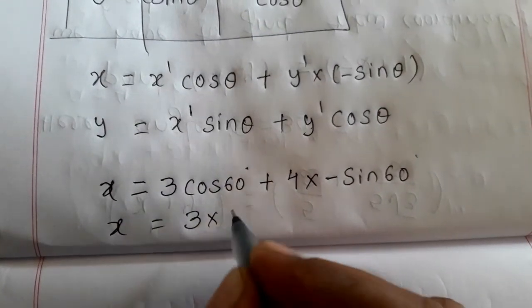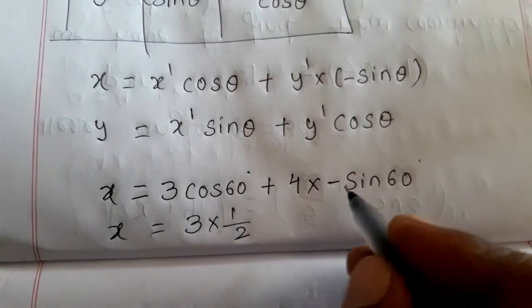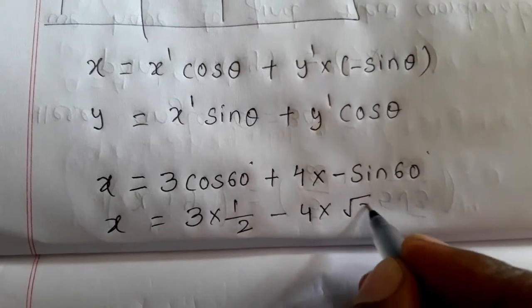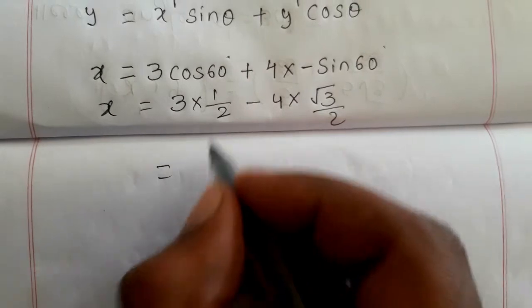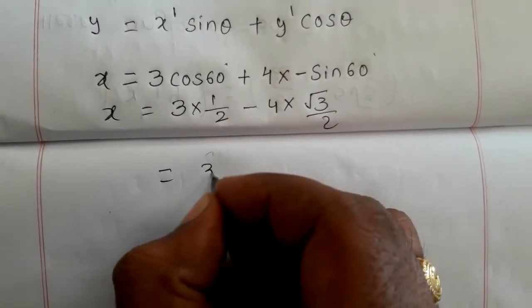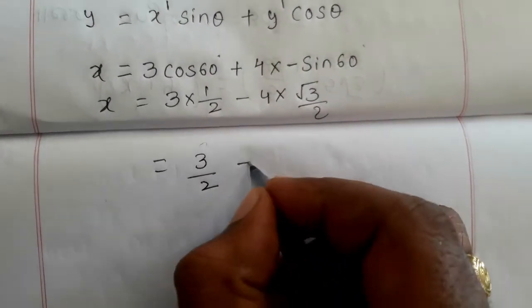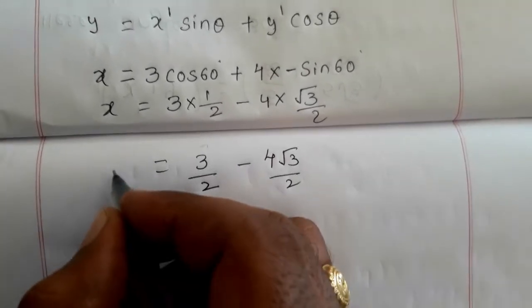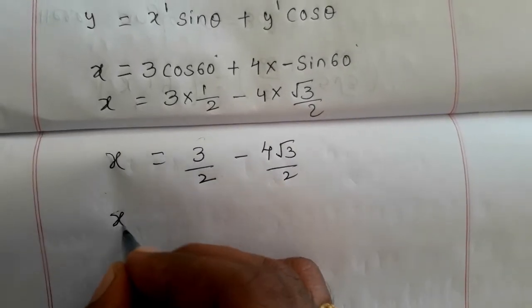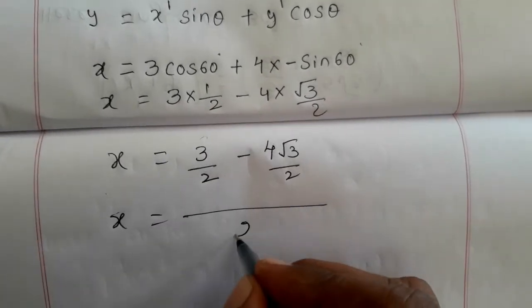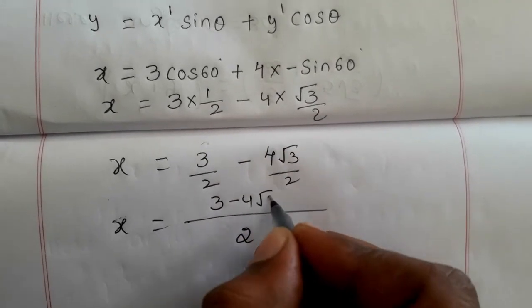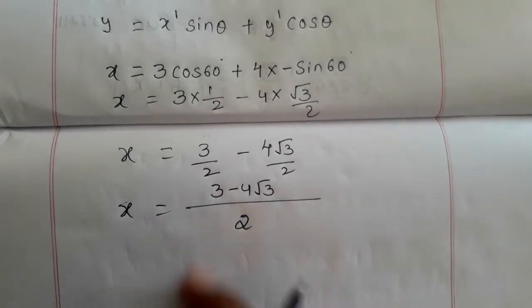Cos 60 degree is nothing but 1 by 2, plus into minus is minus, 4 into sin 60 is nothing but root 3 by 2. So simplification, you see, 3 ones are 3 by 2 minus 4 times root 3 by 2. So this is the value of x, or we can write like this also. 2 is the common denominator for both: 3 minus 4 times root 3 by 2. This is the value of x.